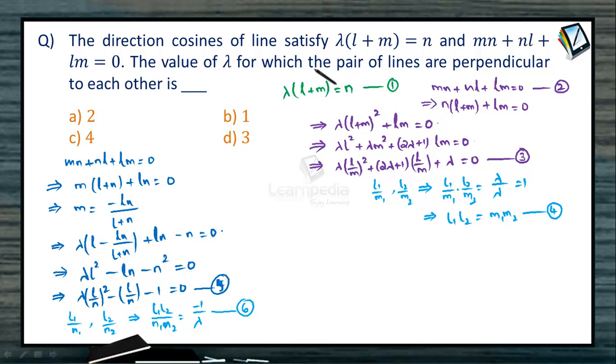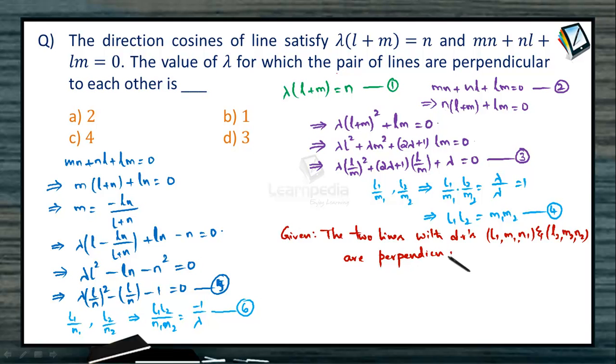Now the most important condition is that the two lines represented by the DRs of the system of equations are perpendicular to each other. So what is the given condition to us? The third condition: these two lines having DRs l1, m1, n1 and l2, m2, n2 are perpendicular. Now when do we have two lines with DRs l1, m1, n1 and l2, m2, n2 as perpendicular?